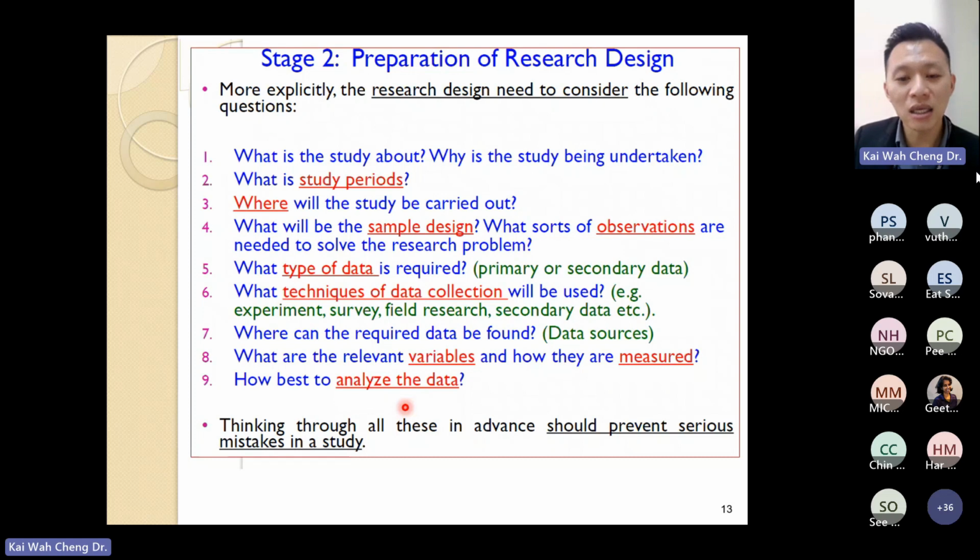So these are the things that should appear in your mind whenever you want to plan the research flow. So this is a checklist for everyone. If you have all these things in your consideration, I believe you can avoid a lot of silly mistakes in your research. So this is a checklist or reminder for you and me as well.